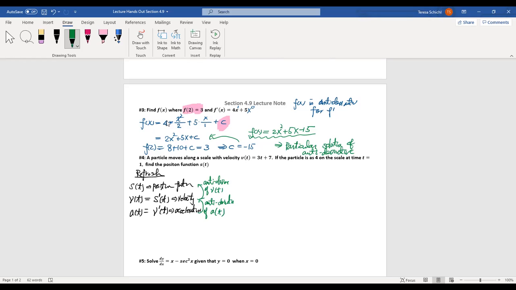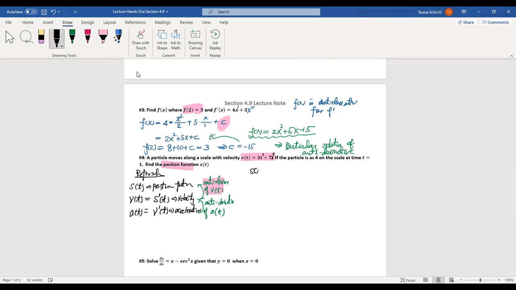So now in here, they say that the particle is at 4 when the time equals 1. I want to find the position function because they gave the velocity. I'm looking for the position. So I know the position is the antiderivative of v(t), so I need to find the antiderivative. This is t to the first, the 7 is x to the 0.